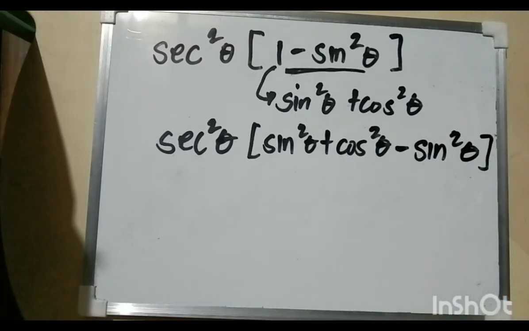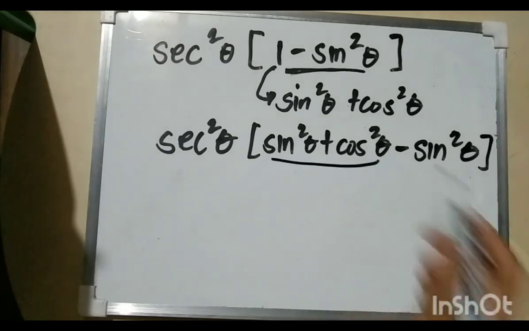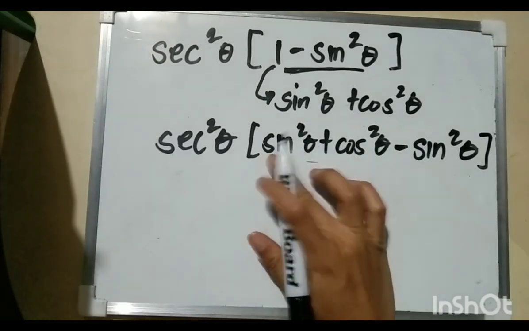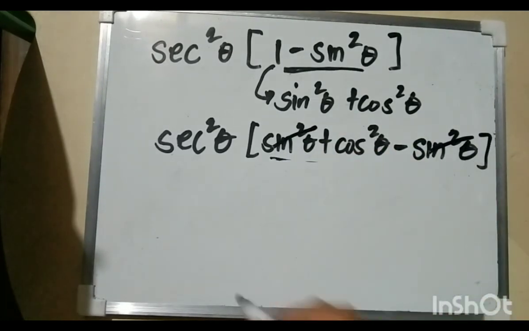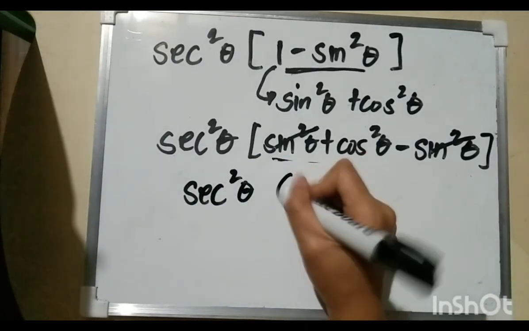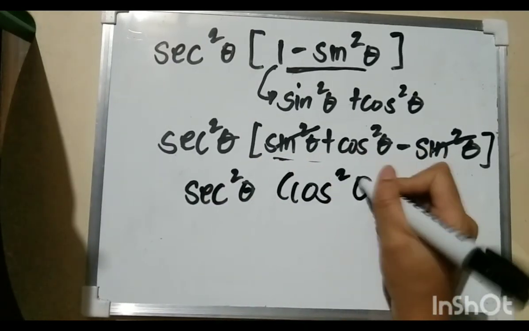So that's our expression. Now we can cancel the sine squared terms, so what remains is secant squared theta and cosine squared theta.